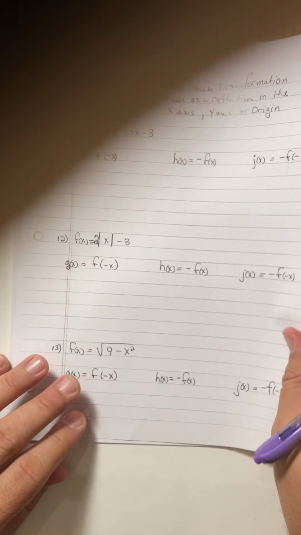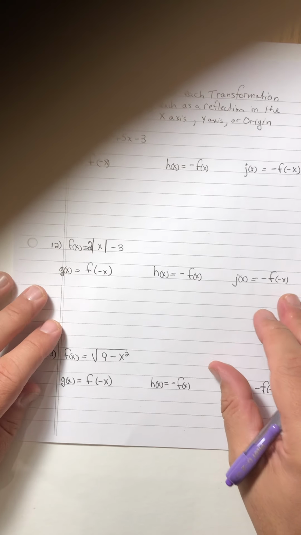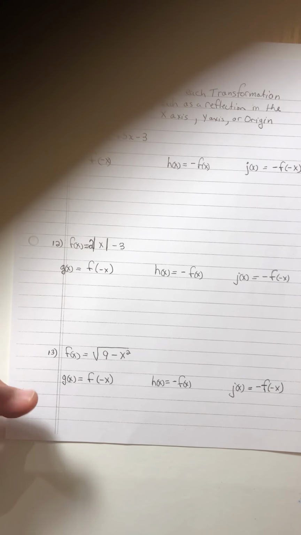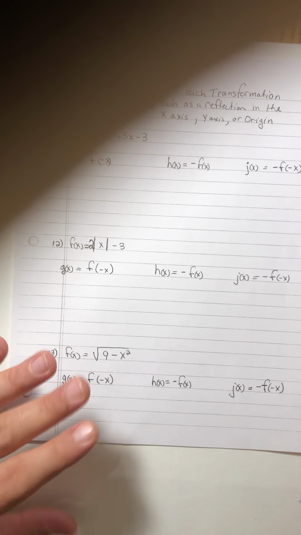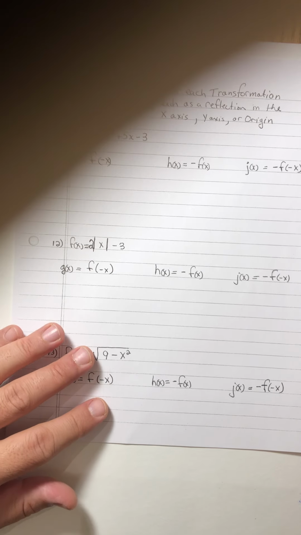Alright, this sheet right here is also part of the work that was given the other day. This is all dealing with reflections, but we're looking at it in terms of the algebra, not in terms of the plotting of points.